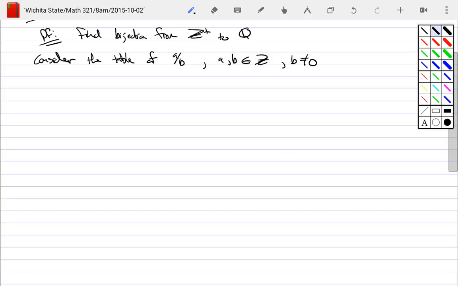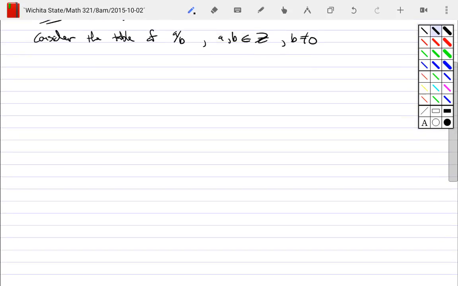So this is obviously not the table of rationals, but it's a superset of the rationals. And so we just go 0, plus or minus 1 over 1, plus or minus 2 over 1, plus or minus 3 over 1, plus or minus 1 over 2, plus or minus 2 over 2, plus or minus 3 over 2, plus or minus 1 over 3, plus or minus 2 over 3, plus or minus 3 over 3.